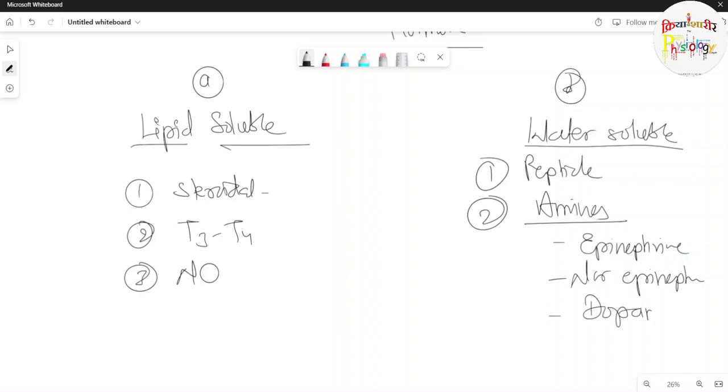Dopamine is water soluble. Okay. Histamine. After that, serotonin. So these are the examples of hormones which are water soluble. Okay, so amines, excluding these, are water soluble. Only thyroxine and triiodothyronine are lipid soluble hormones. So you can remember it like that.